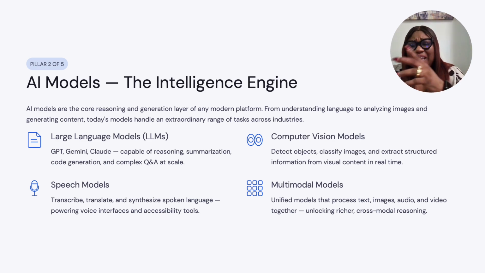Large language models like GPT, Gemini, Grok, Claude, and many more. We have computer vision models whose job is to analyze images. We have speech models that process voice. And increasingly, multimodal models that combine several types of data together. These models form the reasoning engine of the modern AI system, and they are the second pillar of the modern AI system.